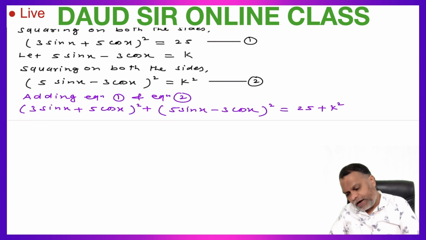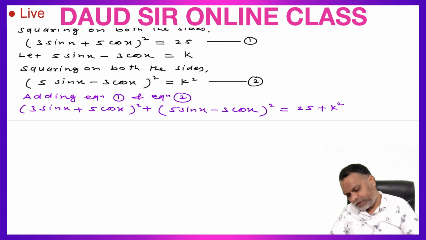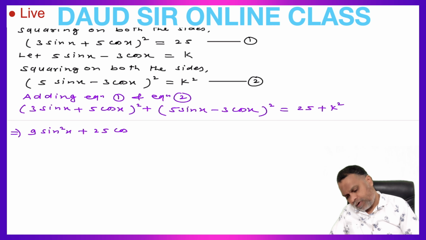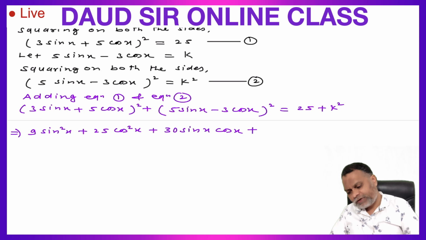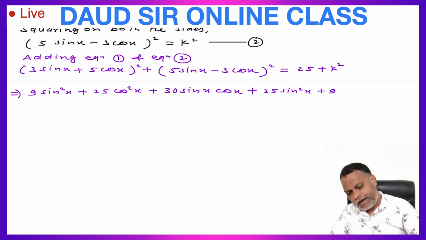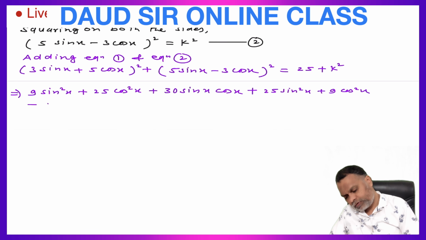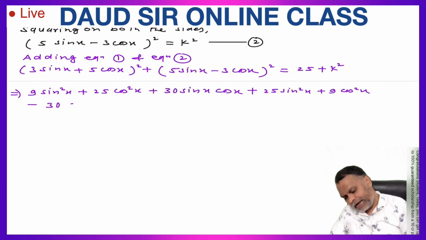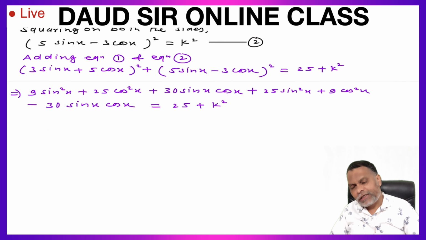Open them by using the identities (a plus b) whole square and (a minus b) whole square. a square: 9 sin square x plus 25 cos square x plus 2ab, 2 times 3 is 6, 6 times 5 is 30, 30 sin x cos x, plus open this bracket by using (a minus b) whole square: 25 sin square x plus 3 square, 9 cos square x minus 2ab, minus 2 times 5 times 3, 30 sin x cos x, is equal to 25 plus k square.